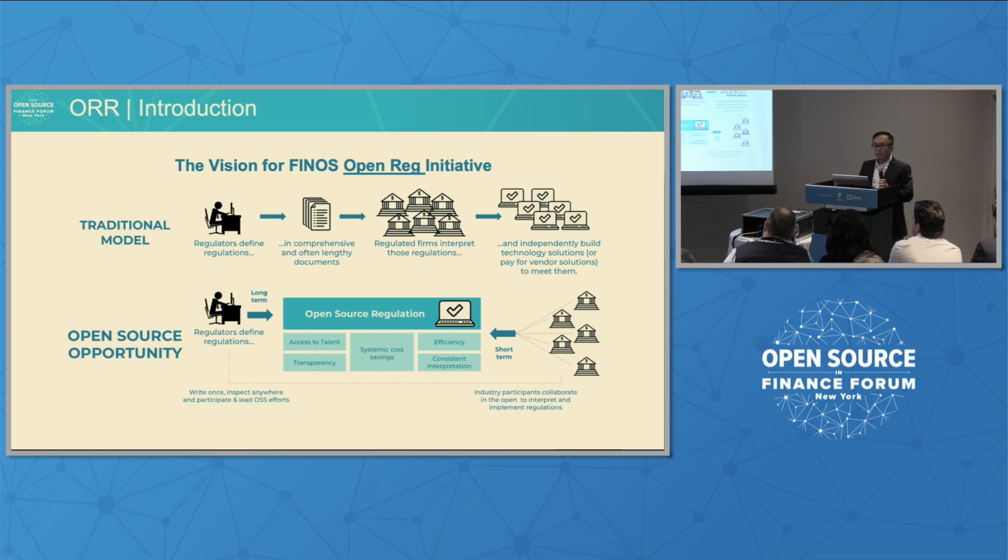And FINOS is implementing standard implementations using open collaborations with different industry participants and tech partners using open source. I can say it is revolutionary. Just like Nick said, it will introduce huge cost savings, and reduce the complexity, and also reduce the risk for each financial institution involved with regulatory reporting.